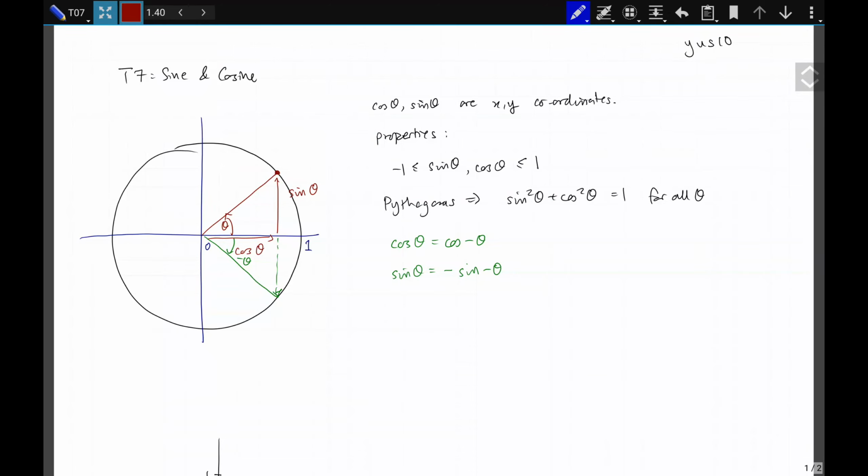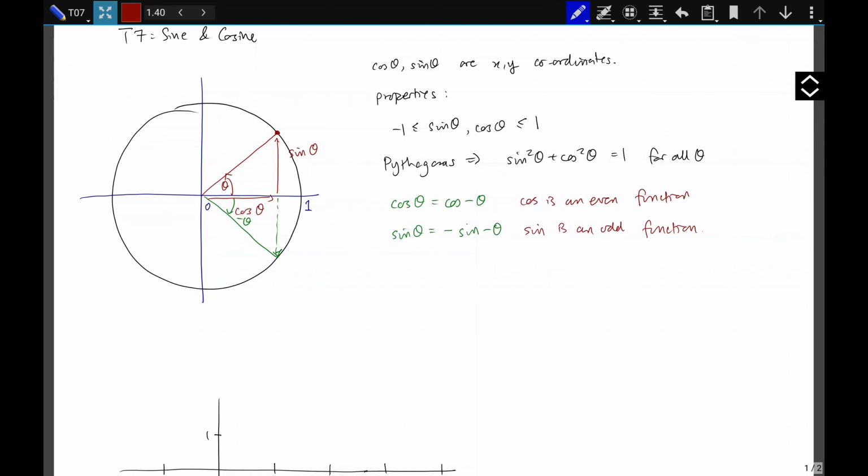This property, where being the same under reflection, or under a variable going to minus that variable, is known as being even. So cos is an even function, and sine is an odd function.